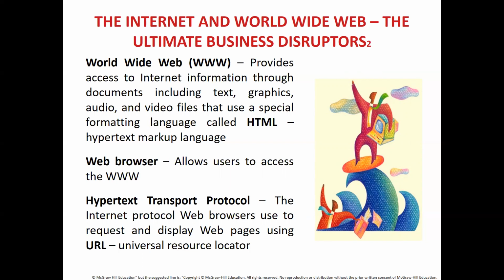Hypertext Transfer Protocol, or HTTP, is the Internet Protocol web browsers use to request and display web pages using URL. URL is the abbreviation for Universal Resource Locator, or the website address as we call it in simple terms.